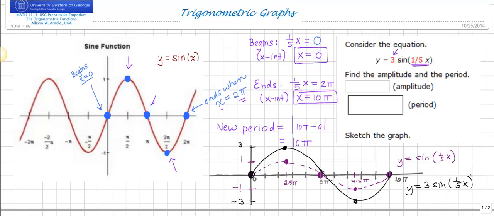Half of that height here would be 3 units, or you can say max minus min divided by 2. Note that that's consistent with the vertical stretch. For the period, measure where you ended, which was 10 pi, and where we began, which was 0. So our period is 10 pi.